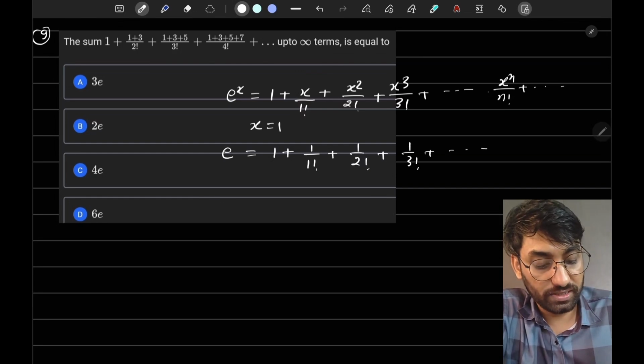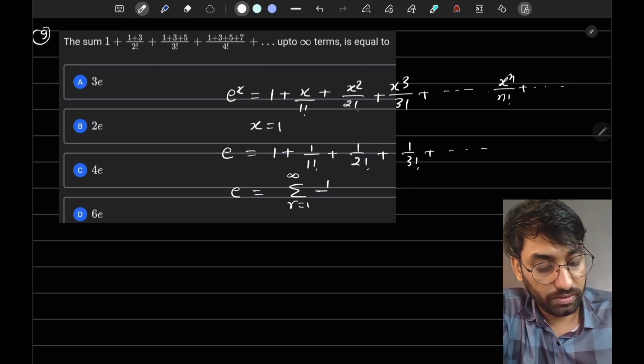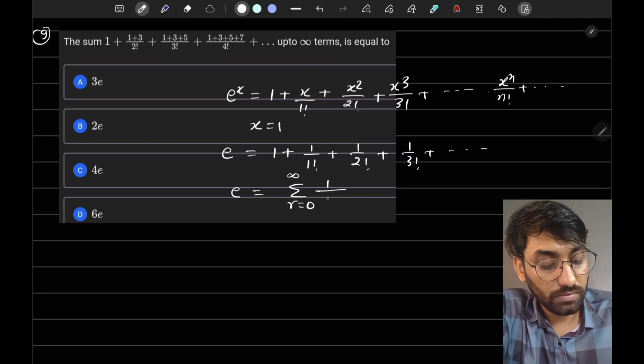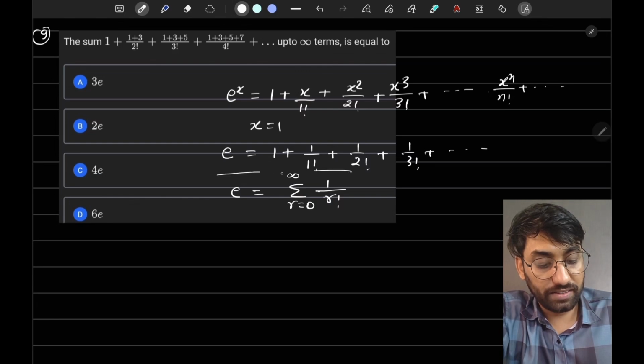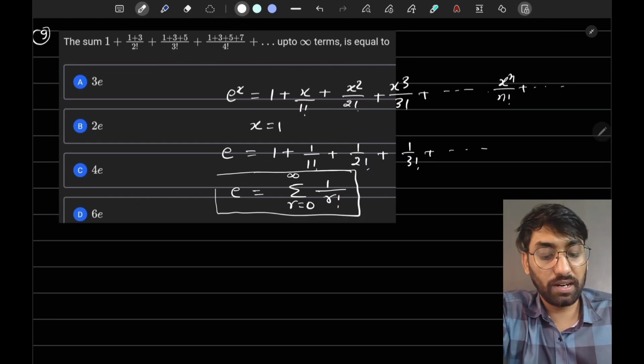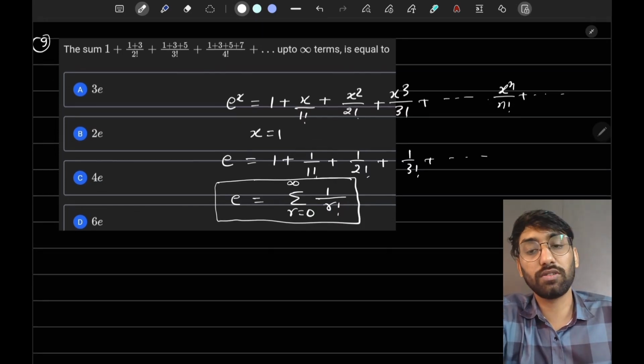It is nothing but e equal to the sum over r equal to 0 to infinity of 1 upon r factorial. So this is the value of e. Now we are going to use this information for solving this particular question.